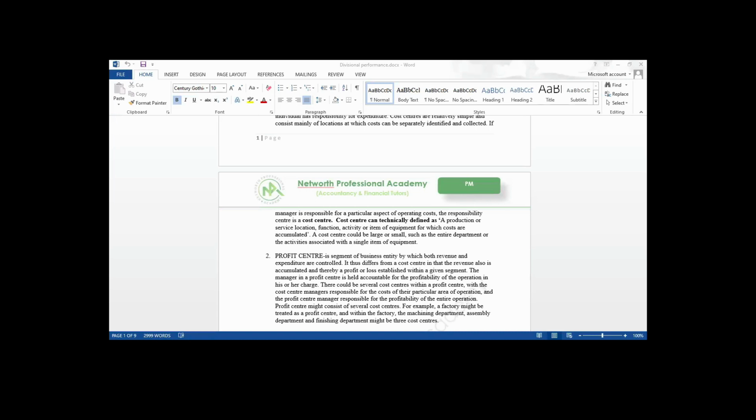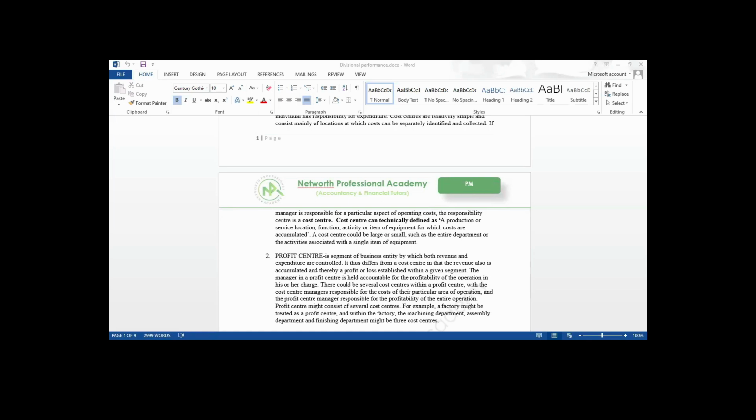That department or business unit is allowed to generate revenue and to incur costs. They can now determine their profits. The manager in a profit center is held accountable for the profitability of the center. The manager can incur costs.